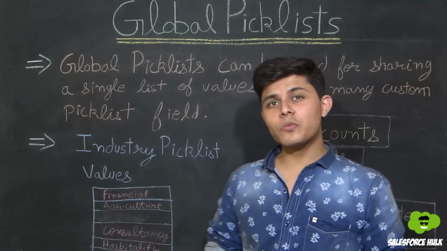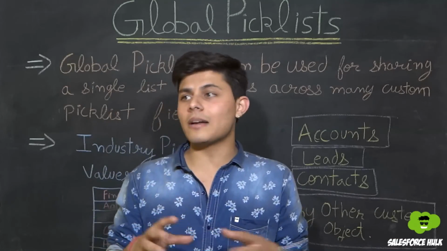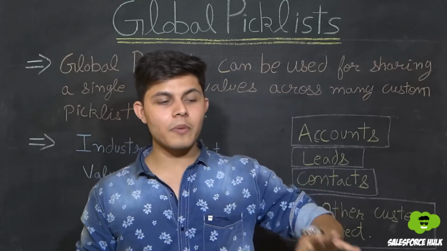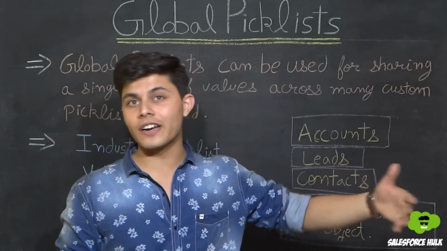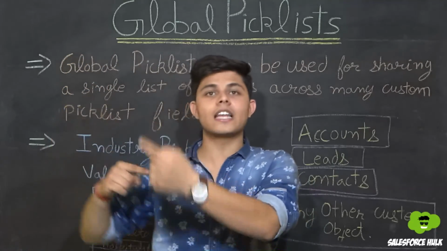Now let's get back. This isn't all about global picklist value sets. Global picklist value sets are also used where there are multiple administrators in your org, in which some of the developers or some of the administrators are creating fields on different objects, whereas there is a master administrator who actually controls the value set.